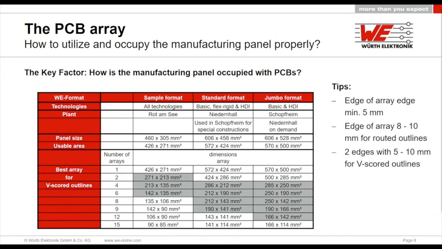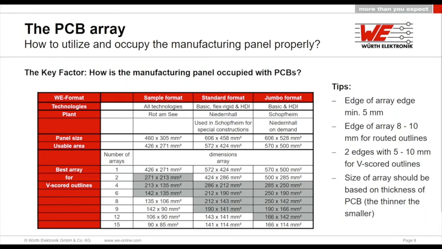When it comes to V-scoring outlines, maybe you can just use 2 edges, because your assembly line mostly has 2 clamping areas, and therefore it could be possible to just use 2 edges with 5 by 10 millimeters and save space of the 2 other edges as well, so that you can place more PCBs on your array.